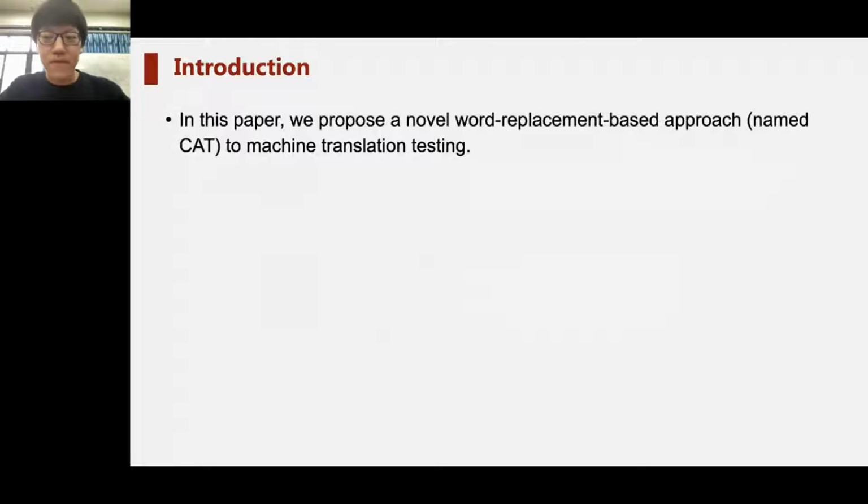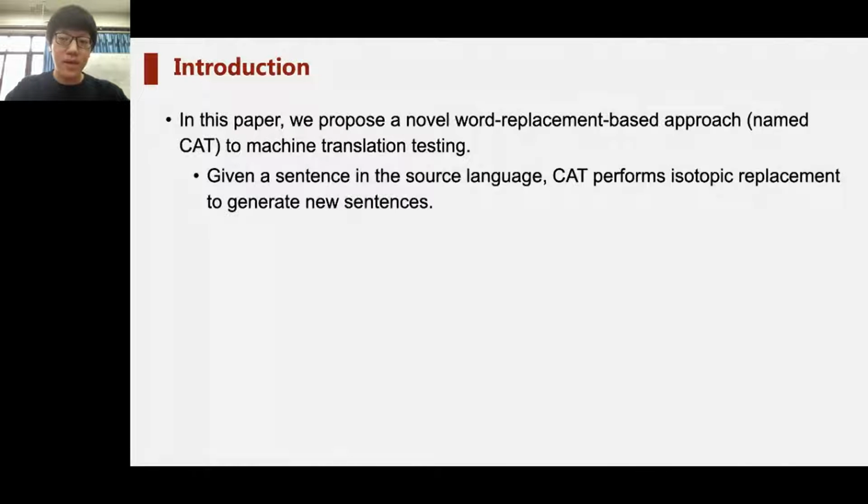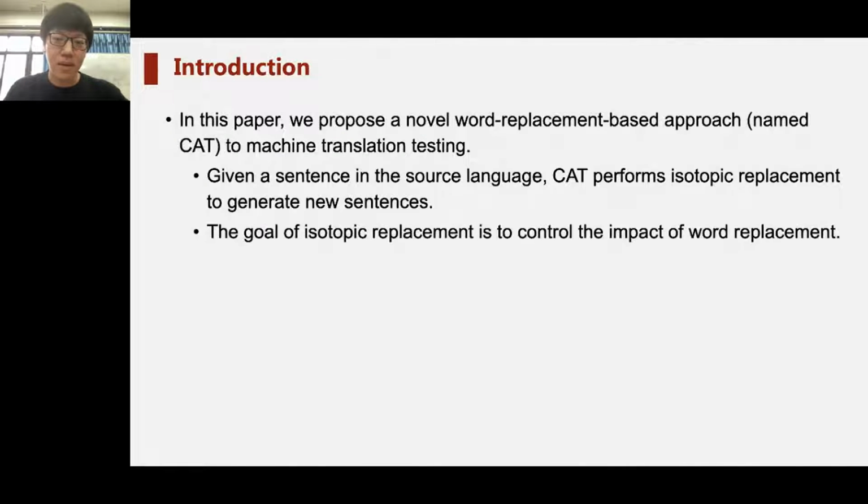To tackle this difficulty, we propose a novel word replacement-based approach called CAT to machine translation testing. Given a sentence in the source language, CAT performs isotopic replacement to generate new sentences. The goal of the isotopic replacement is to control the impact of the word replacement.